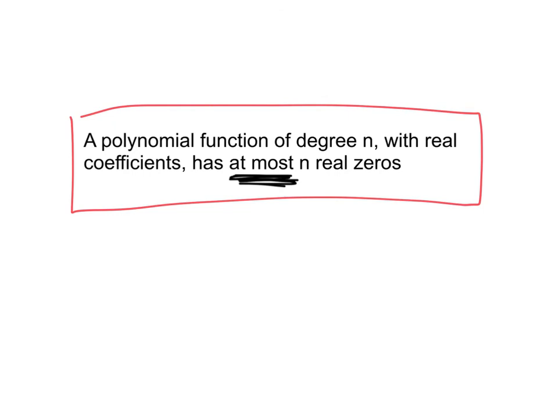So if you have a polynomial function, say 3x to the 5th minus 2x, something along those lines, and you were to find all of the real zeros and found that there's 6 real zeros, you would be wrong, because the degree of this polynomial is only 5. So you can't have more than 5 zeros. In that case, you would have to go back and check your work.